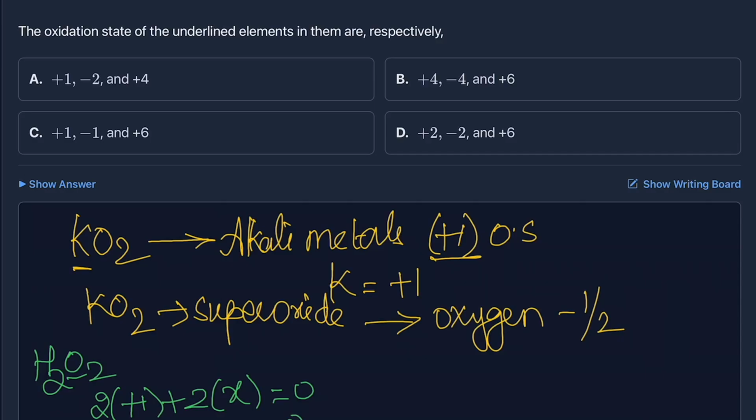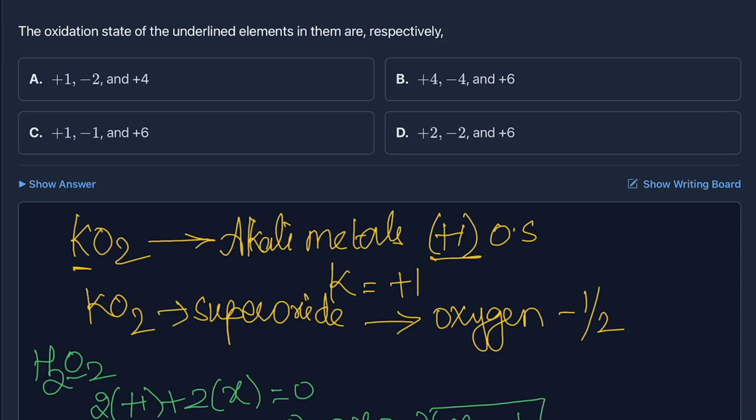So 2 plus 2x equals 0, so 2x equals -2, and x equals -1 is our answer. So in H2O2, the oxygen oxidation state is -1.